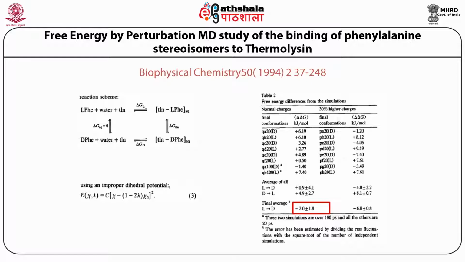And we obtained the result for the difference in binding free energy between L-phenylalanine and D-phenylalanine. D-phenylalanine is preferred by around 2.0 kilocalories per mole, and we actually calculated the values, which are shown here, with a small amount of trajectories, and also got values of about minus 2. So the L to D binding average is minus 2.0 and 1.8.